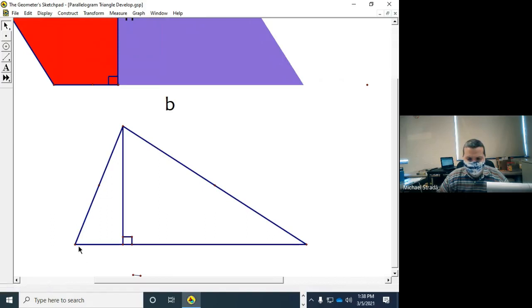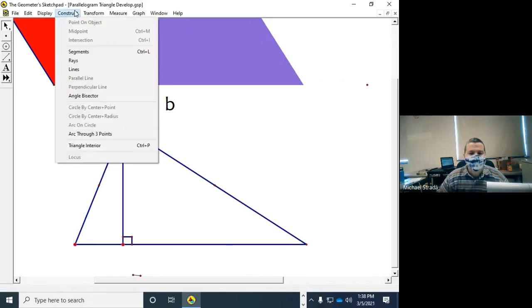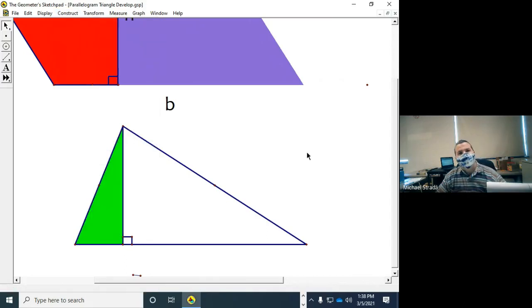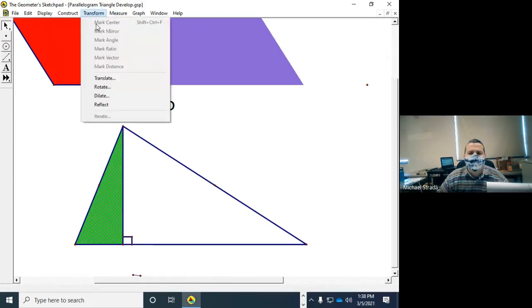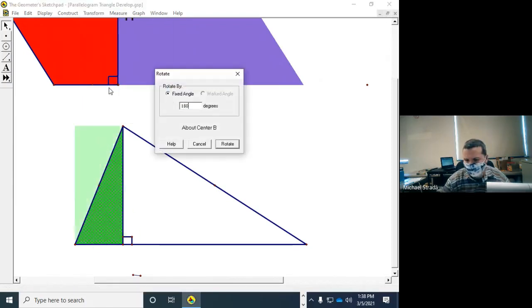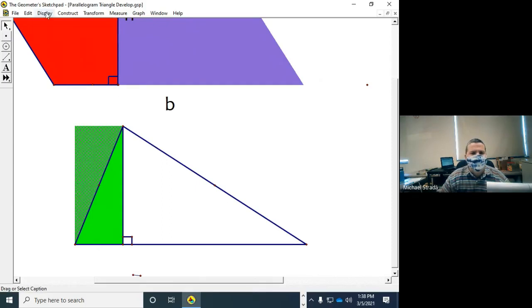Triangle interior, so we got a pretty green. If I rotate that 180 degrees and change the color just because I like changing the color, I have that on the outside, correct?